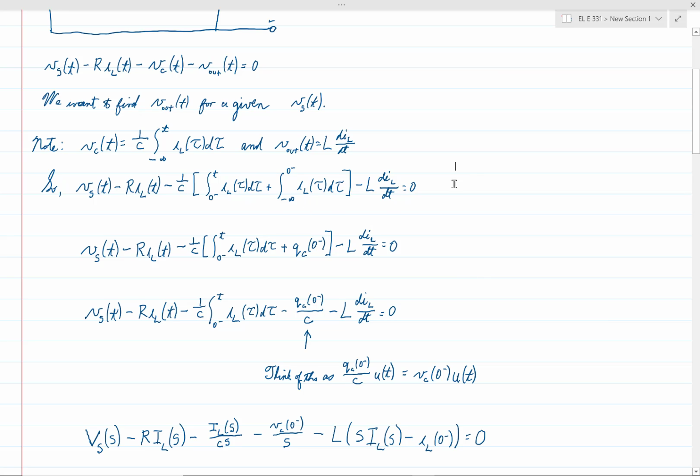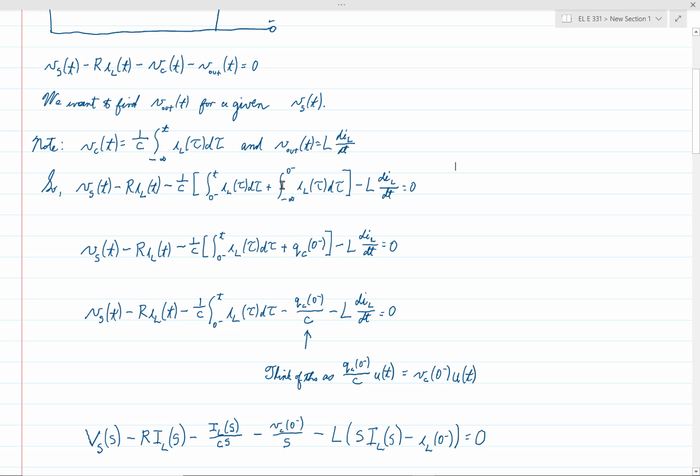In going from this line right here to this line, the only thing that I've changed is right here. What I'm observing is that if we integrate the current flowing into the capacitor over all time up to 0 minus, then what we get is the total charge across the capacitor at time 0 minus.